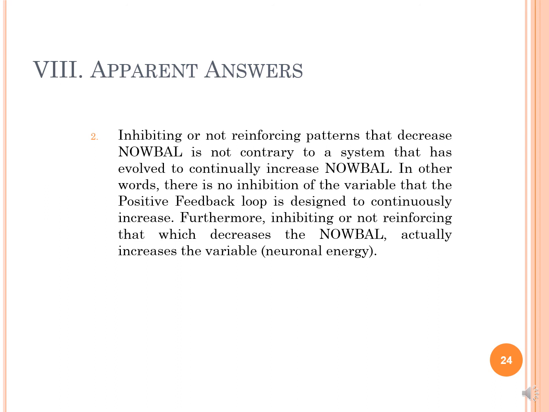Furthermore, inhibiting or not reinforcing that which decreases non-optimal once baseline activity level actually increases the variable. So the idea is that if there is inhibiting or decreasing, it isn't of positive, which a positive feedback loop would want. Essentially, the excitation is going to be that which could decrease it. So I think that holds true to what a positive feedback loop would be.